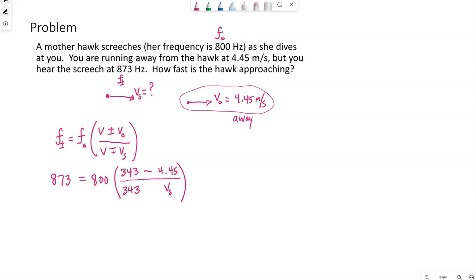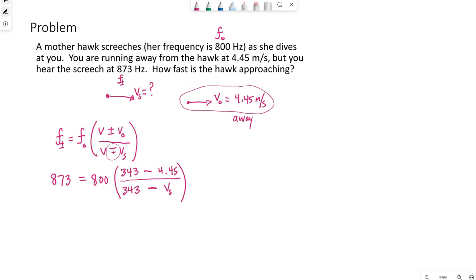The hawk is moving towards us, which means we need the top of the two signs, so the negative sign in the denominator, because motion towards is the top of the two signs. We determine the signs in the numerator by what the observer is doing. We determine the signs in the denominator by what the source is doing.